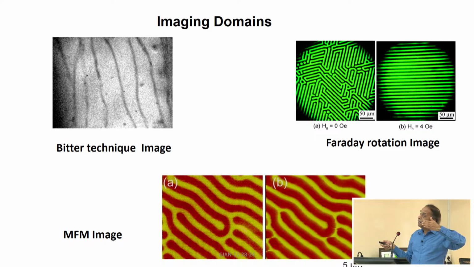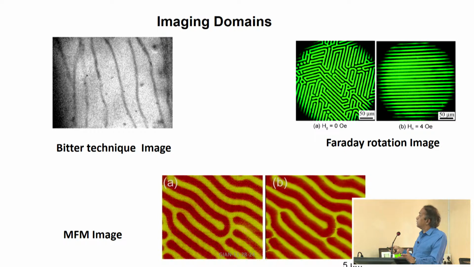So, there is a field gradient, because the magnetizations are oriented in different directions in 2 neighboring domains. So, at the interface there is a gradient. All the magnetic particles will be attracted toward where the gradient is maximum. So, it will accumulate right at the domain boundary, and this is how you visualize the domains using the Bitter technique. But there are much better ones now.